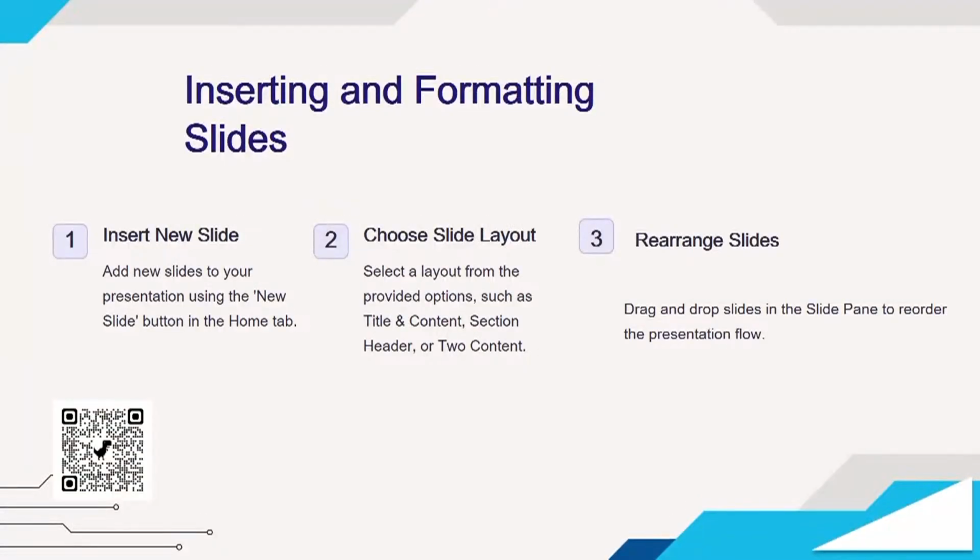Next is inserting and formatting slides. We start by inserting a new slide and then we keep on adding slides, then we format slides. When we have to add new slides in our presentation, we use the new slide button which is available in the home tab. When we add a new slide, we have the option to choose the layout of the slide.